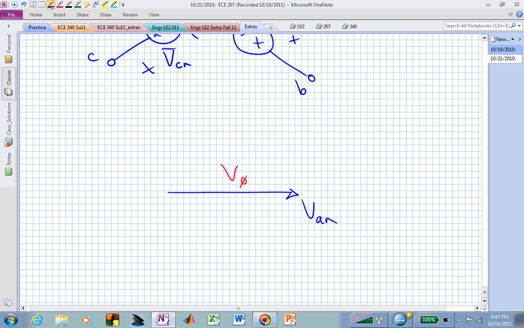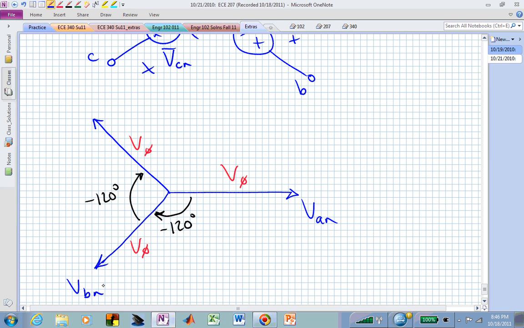V sub BN would be the same length, V sub phi, but now it's 120 degrees behind V sub AN, and likewise V sub CN is the same length, but it is 120 degrees behind V sub BN, or as we had said before, relative to 0 degrees, that's an angle of plus 120 degrees, and that's V sub CN.